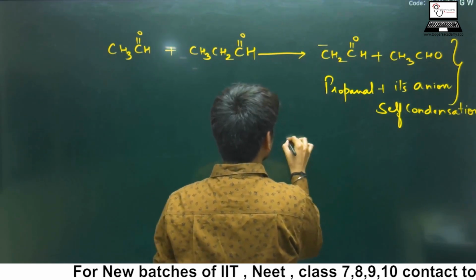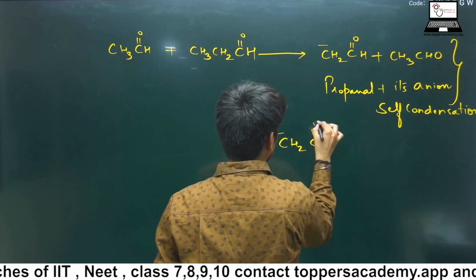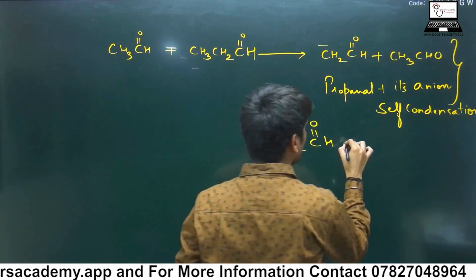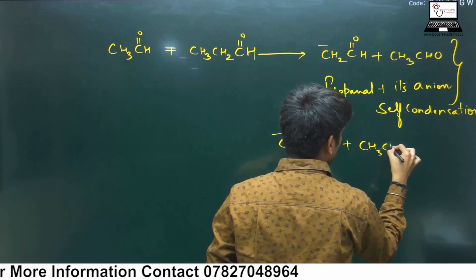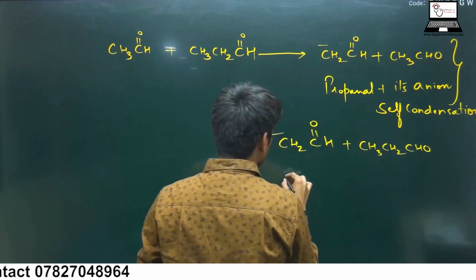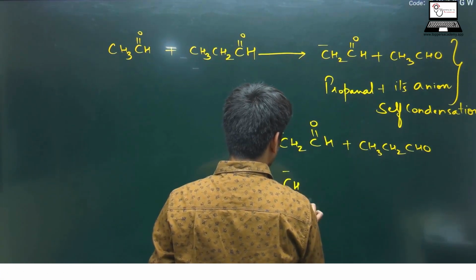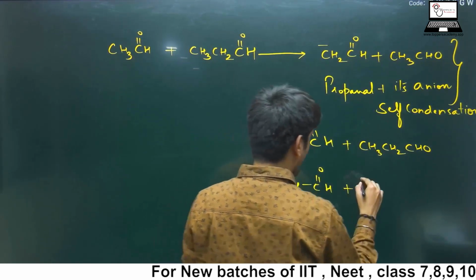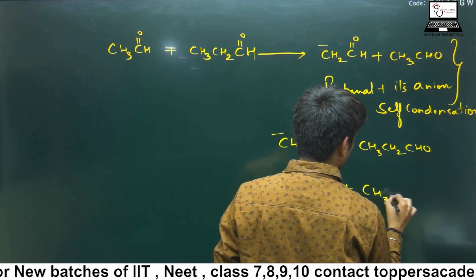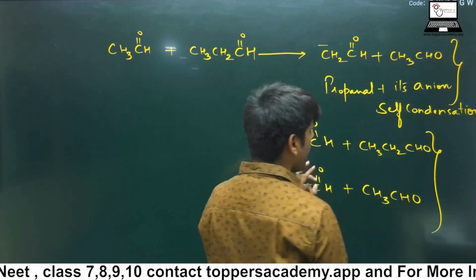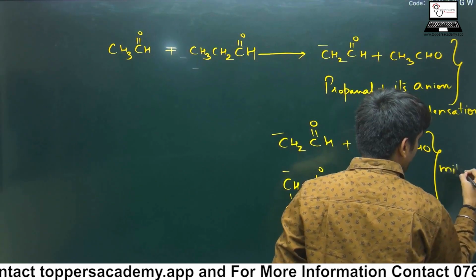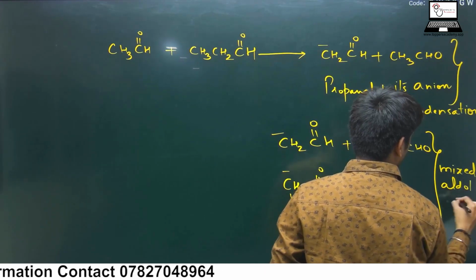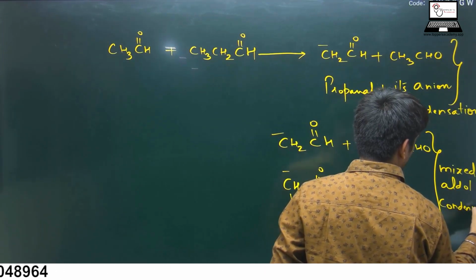Whereas if I take the carbonyl of ethanal and another molecule of propanal, or I take the carbonyl of propanal and another molecule of ethanal, then I end up getting products from mixed aldol condensation.